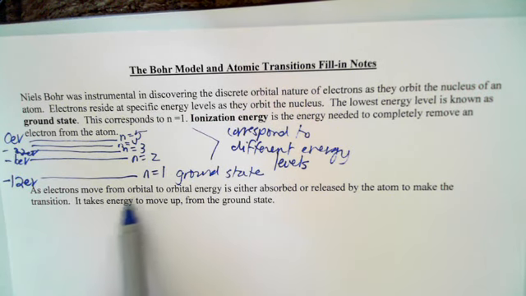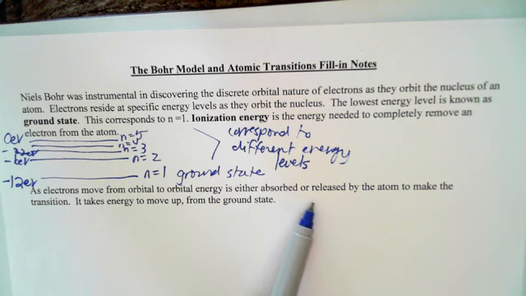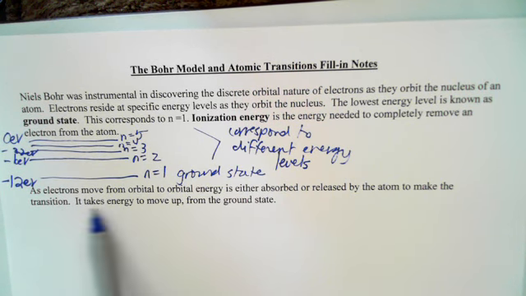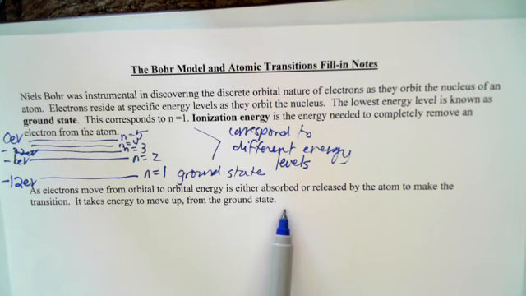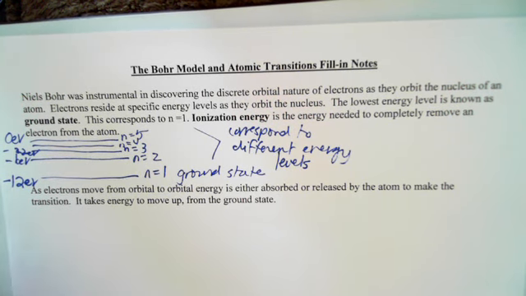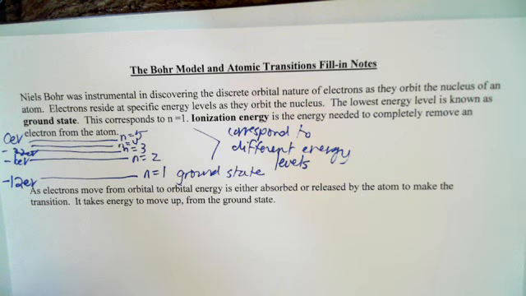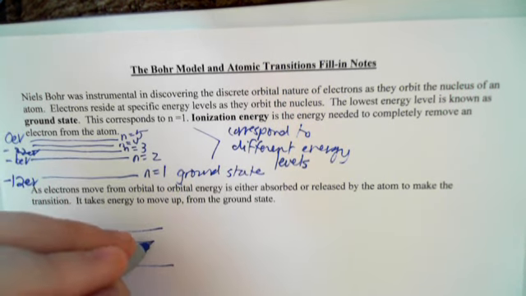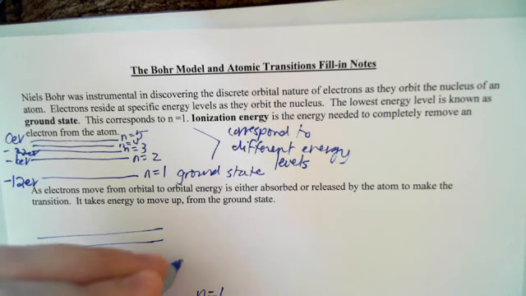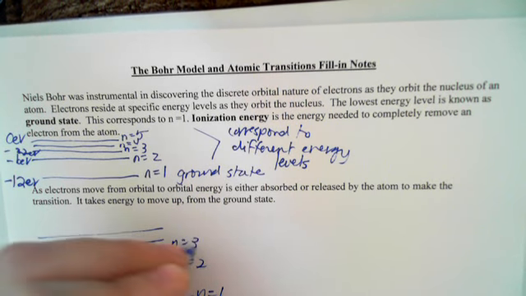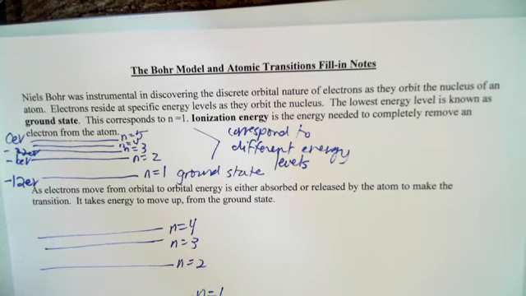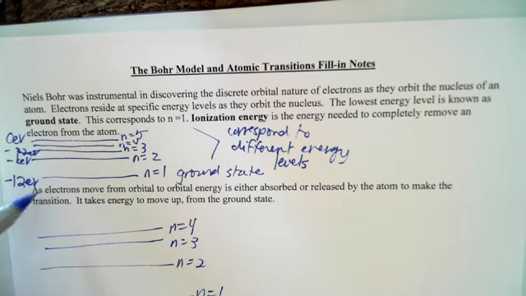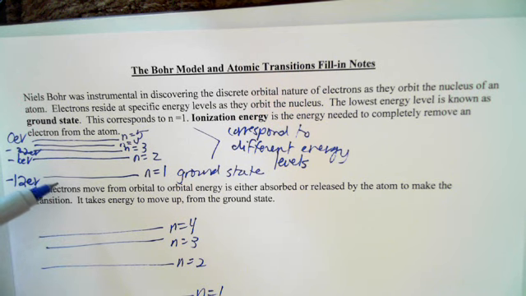So as electrons move from orbital to orbital, energy is either absorbed or released by an atom to make the transition. It takes energy to move up from the ground state. Let's say we've got some energy levels here, n equal to 1. By the way, back to ionization energy: ionization energy would be the amount to cause that electron to leave.